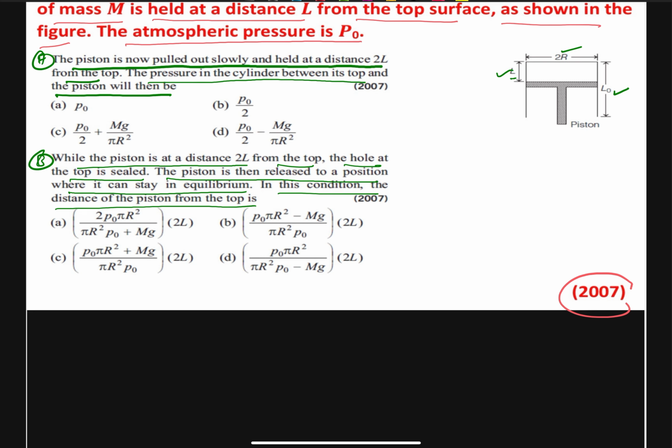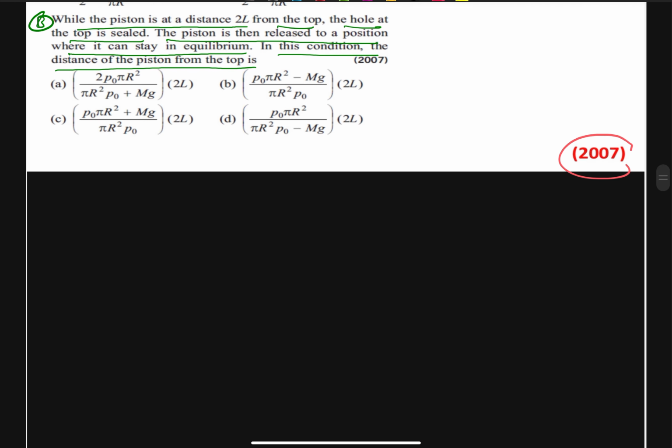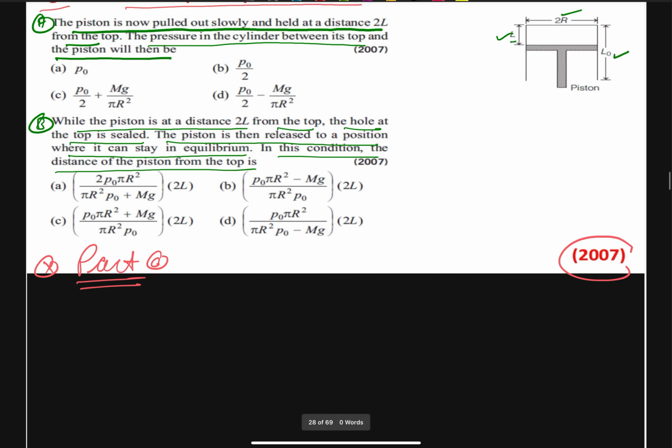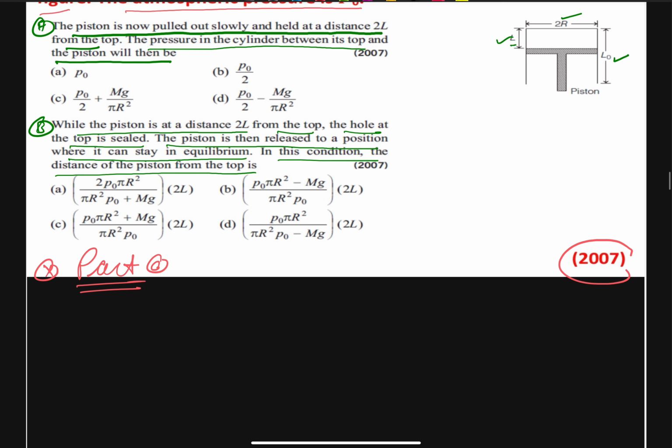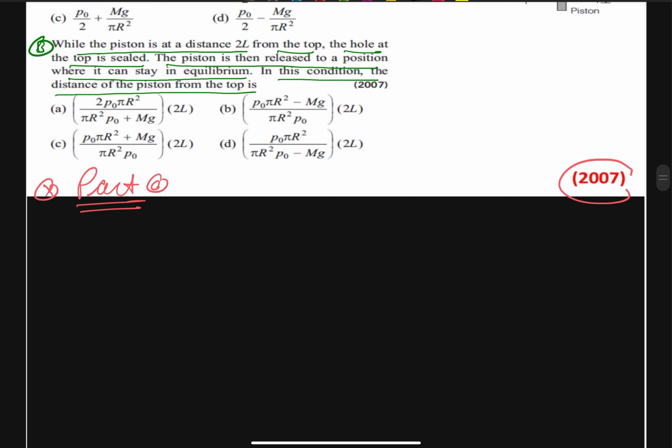So let us solve for part A. In the initial setup, the piston is at a distance L from the top. Let us call this the initial state.